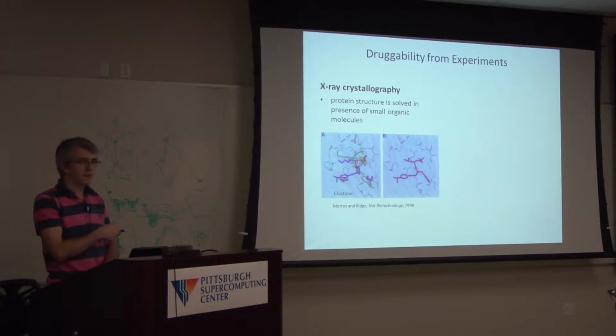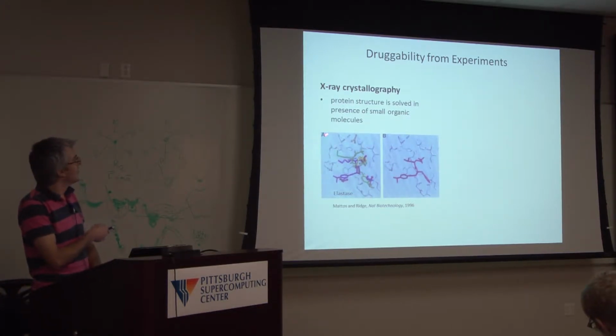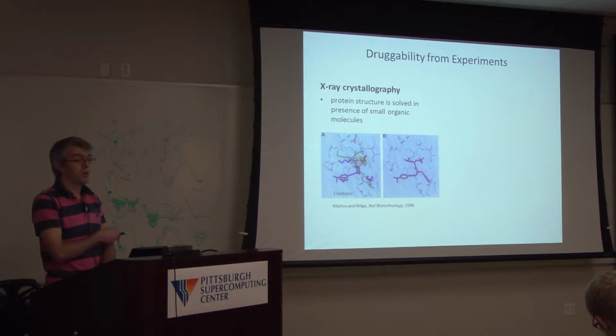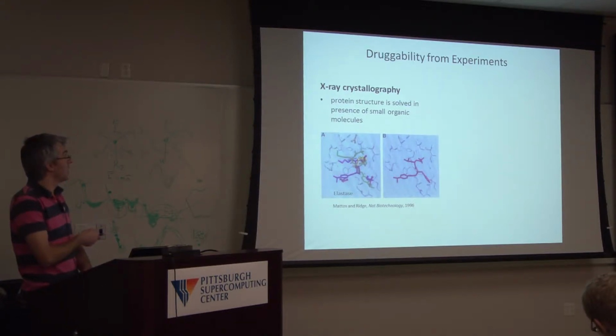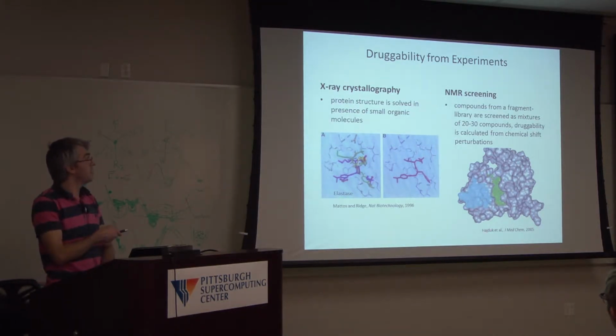Now, people have done experiments to assess the druggability of target proteins. You can imagine that one can do X-ray crystallography. You can try to crystallize your protein in presence of small molecules or fragments, and wherever these fragments bind in the X-ray crystallographic structure, that could point to a druggable site. Or you could do NMR screening, and in this paper they screened target proteins in presence of a variety of fragments.